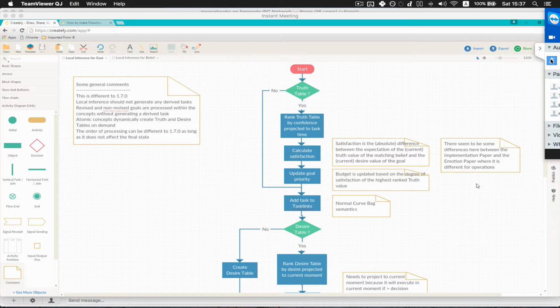I mean, to some extent, this was already the case by having the task priority and the task budget, because in 170 when a belief task came in, its priority got decreased whenever it was selected.